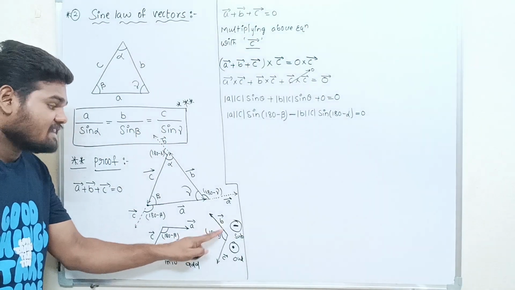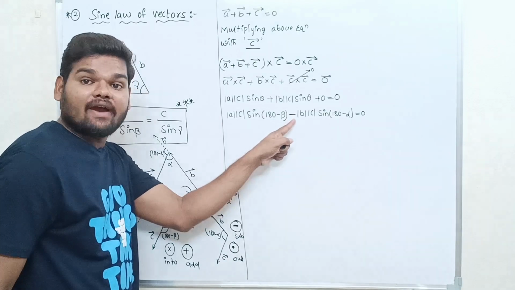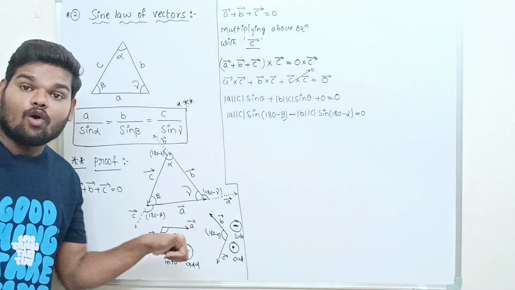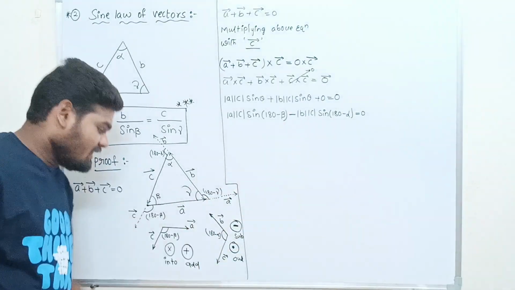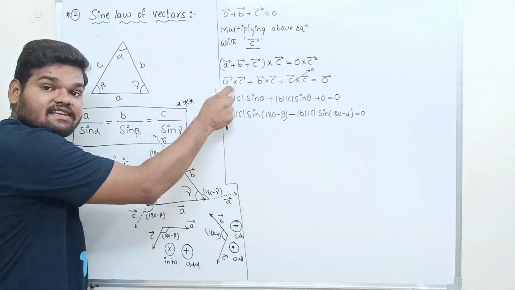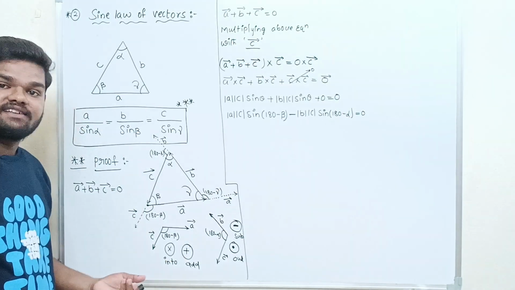That's why for the resultant of b bar cross c bar, I'm taking minus, because its direction is outward, so it is subtracted. When the direction of the resultant vector is into, it is added, plus. That's it. Is it clear?